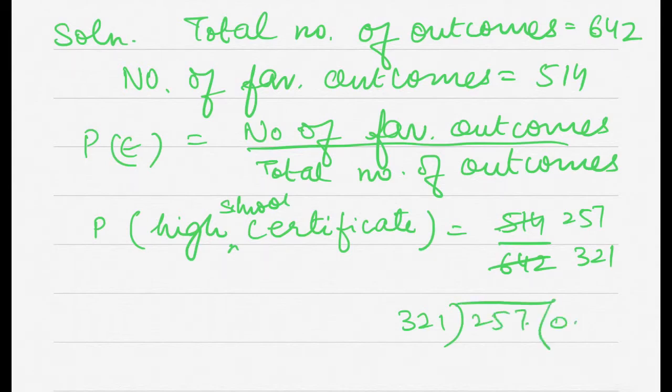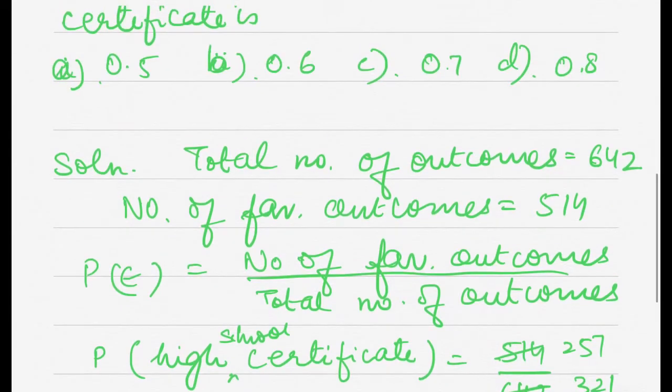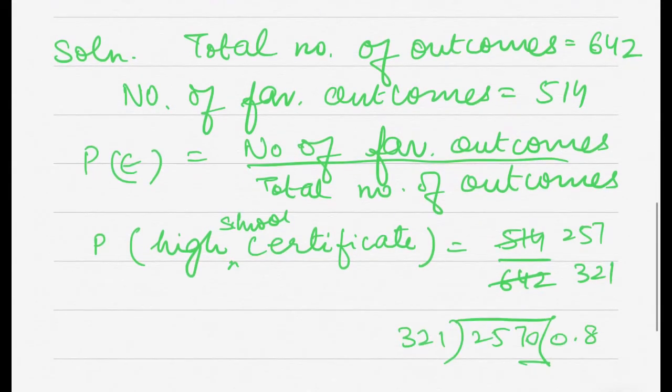So 0 point, and it will go 8 times, I know this. Looking at my options, I have 0.8, and 0.9 is not there. If I go to the second decimal point, it won't be more than 1.